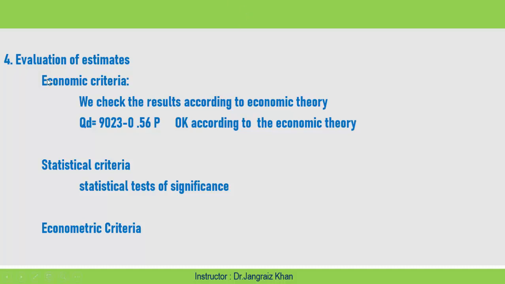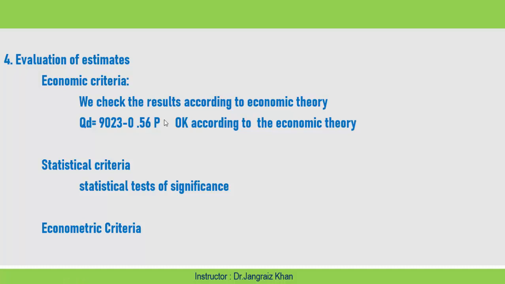For example, look at this estimation result where QD is 9023 minus 0.56p. This result shows that the coefficient of the price is negative, which means that price and quantity demanded are negatively, inversely related.